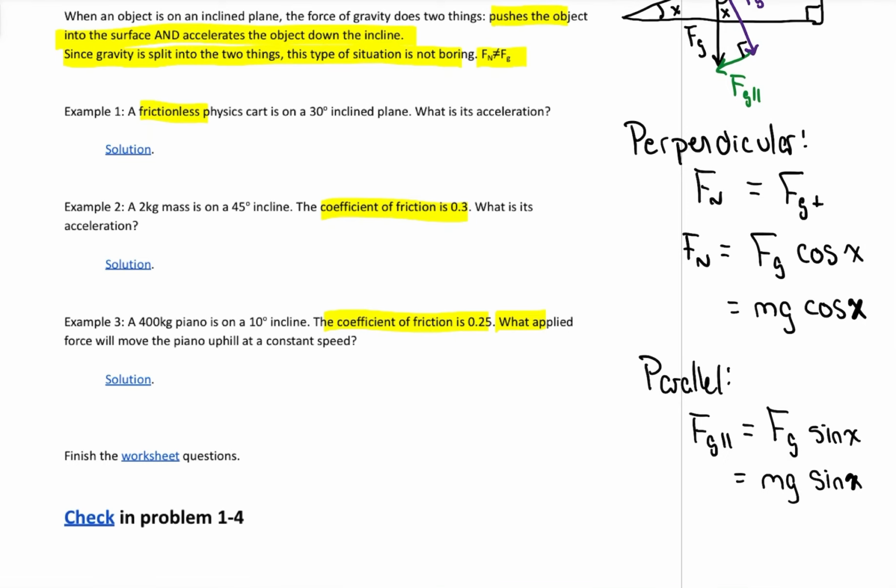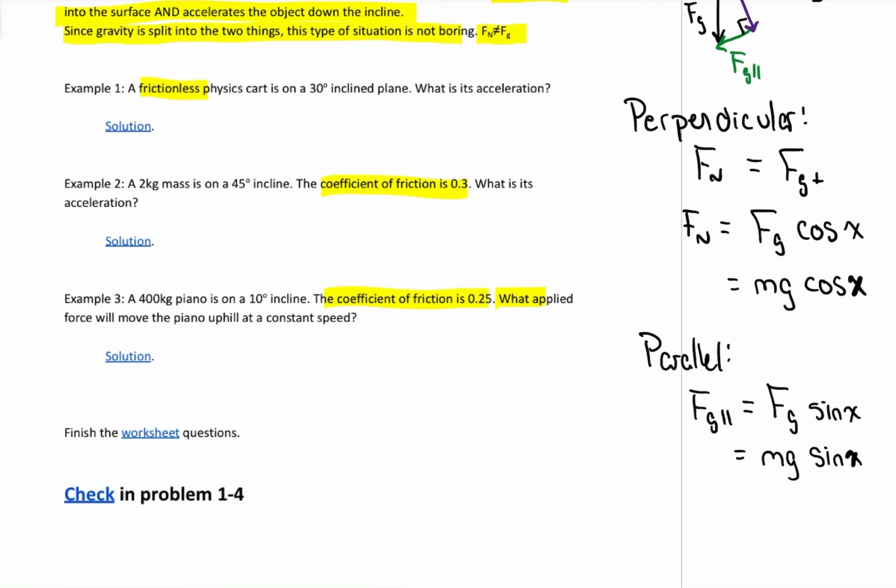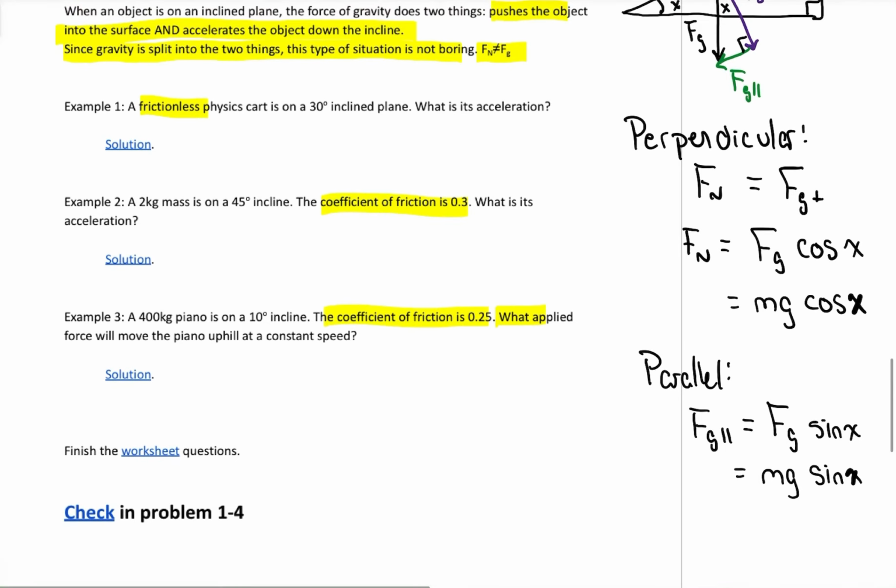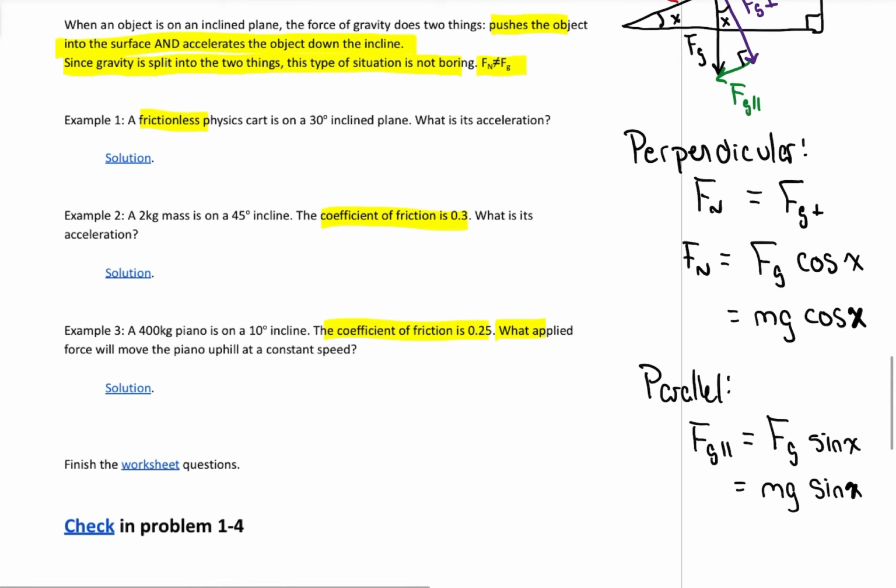One component, Fg perpendicular, balances out the normal force. It triggers the normal force. The normal force is a reaction to Fg perpendicular, and the downhill component is caused by that opposite side of the triangle, so it's an mg sine.